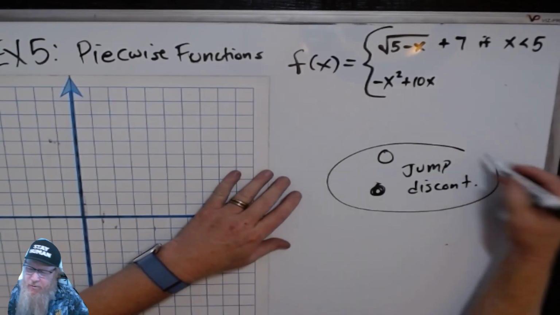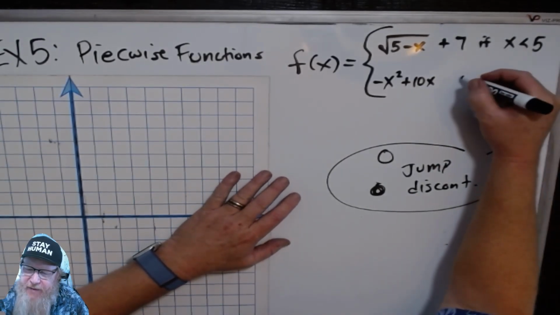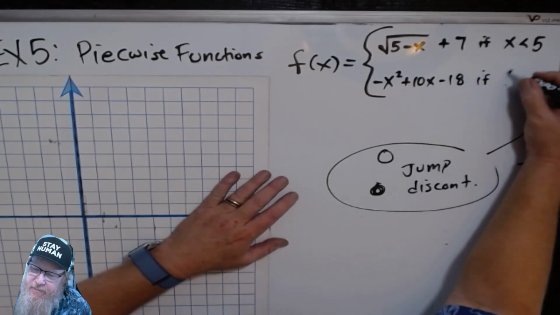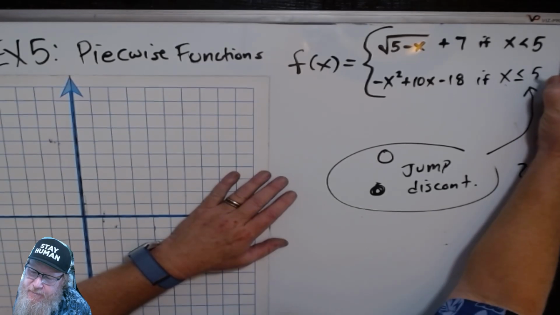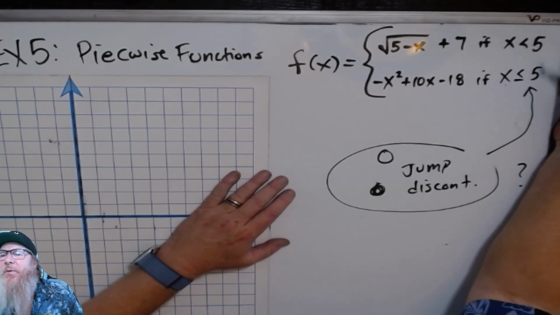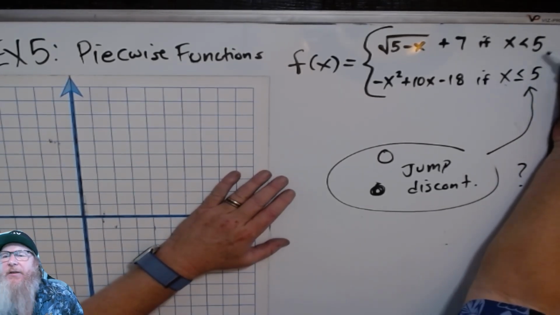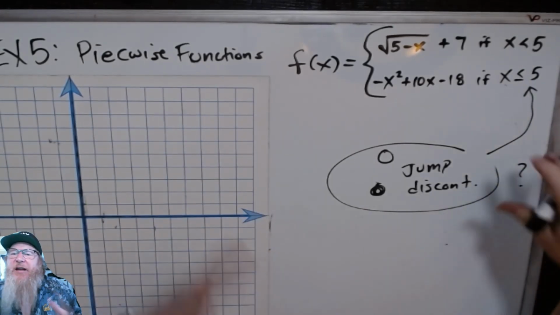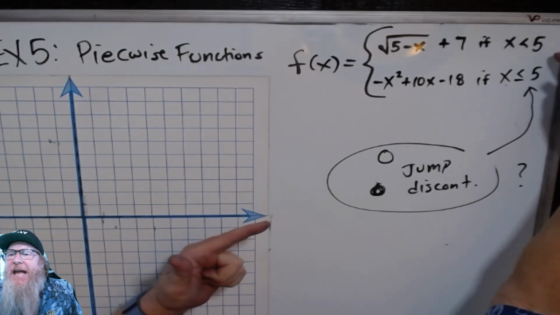So that's what we're looking for at this value. I always give you the jump point value, which is 5. Now, I don't know if there's a jump, but if there is a jump, it occurs at this value.